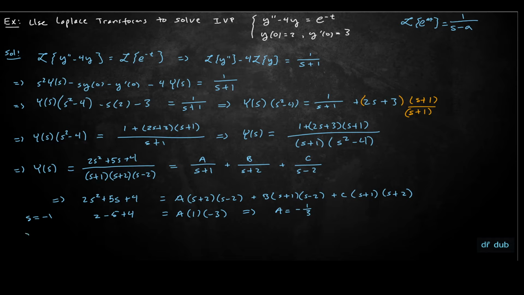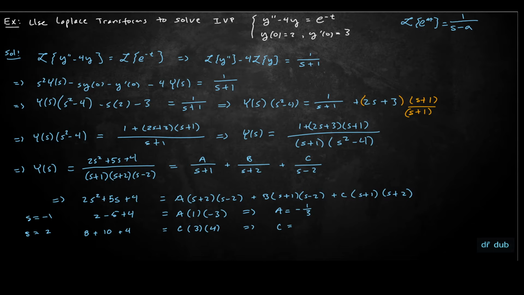If we plug in s equals 2, we would get 8 plus 10 plus 4 equals A times 0, B times 0, C times 3 times 4. So we'd actually get C is, let's see, 18, 22, 12.